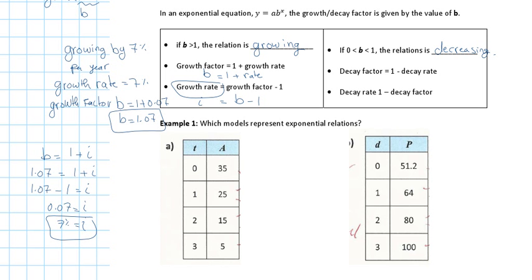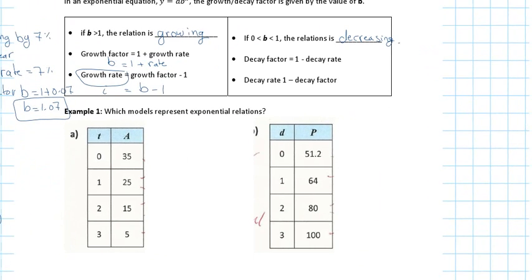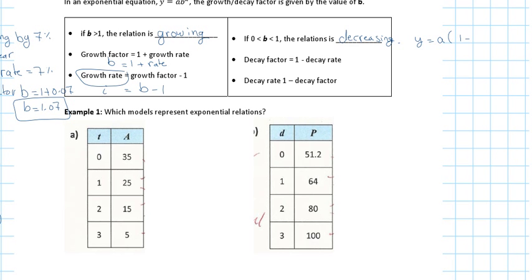How would I find my decay factor? What do I have to do to find my decay factor? Remember from the formula. What would be my formula for decay? If I look at the whole equation, y equals a(1 minus I) to the power of x, right?